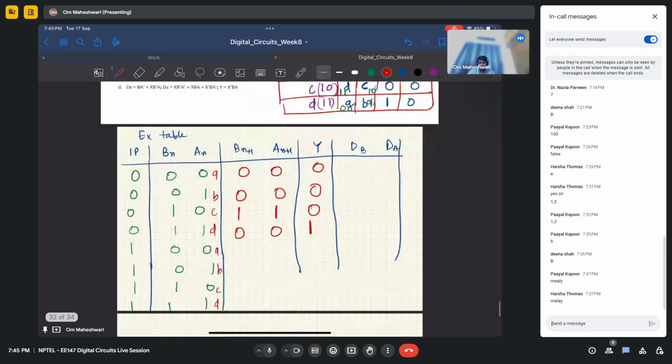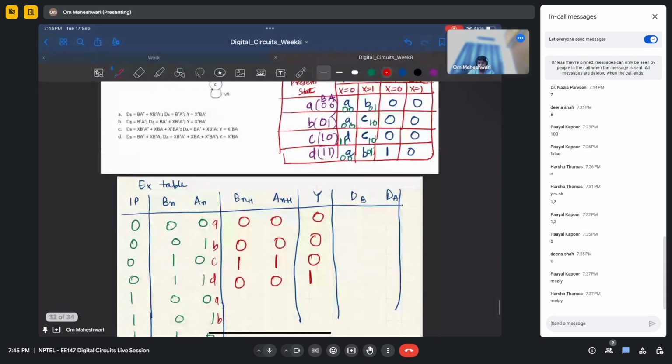Now when inputs are 1, you were at state A, you go to B, output is 0. State B is 01, output is 0. You were at B, input is 1, you go to C, output is 0.